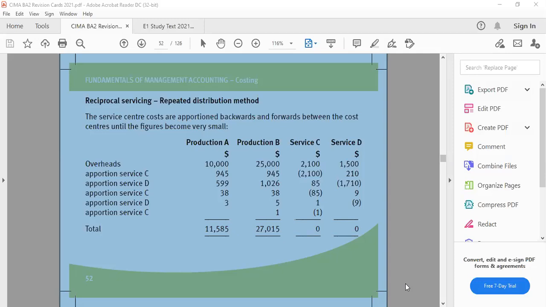We see 10,000. Then we have 25,000. Then we have 2,100. Then 1,500. So what is the objective here?